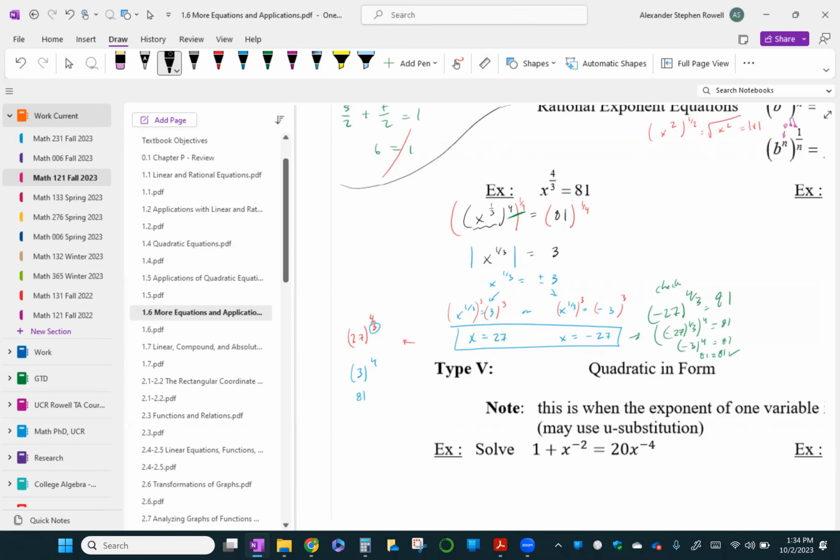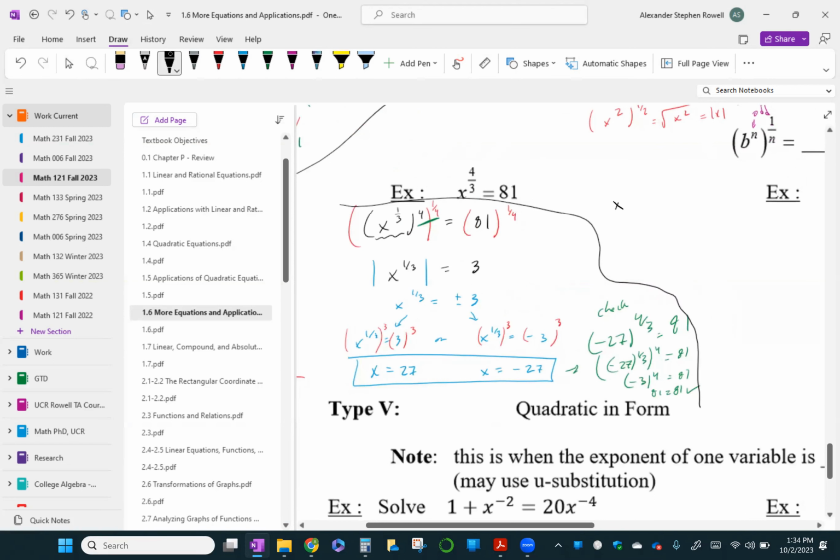Do you want to see a shortcut? Yes, no? Okay. x to the 4/3 power is equal to 81. You could raise both sides to what power right away to get rid of everything? 3/4. Okay, but you have to be very careful. If the numerator is even, it's going to create an absolute value.